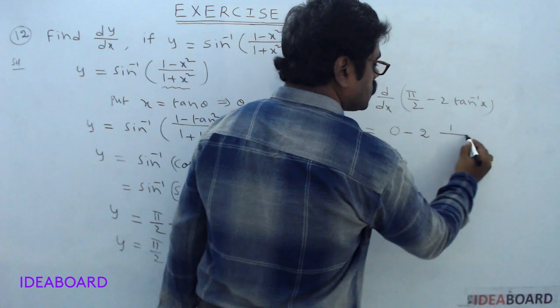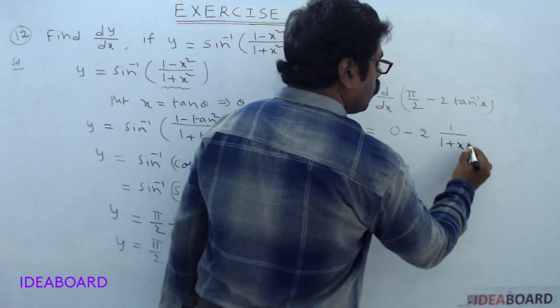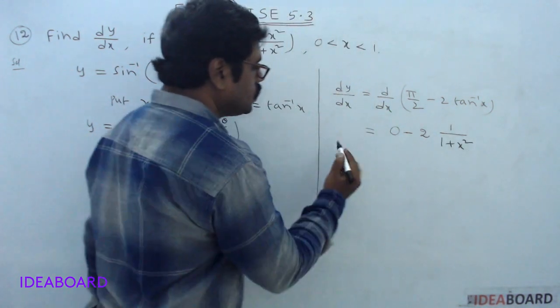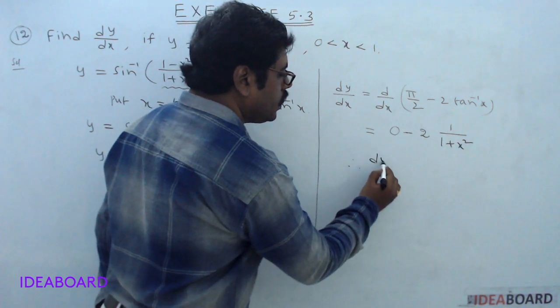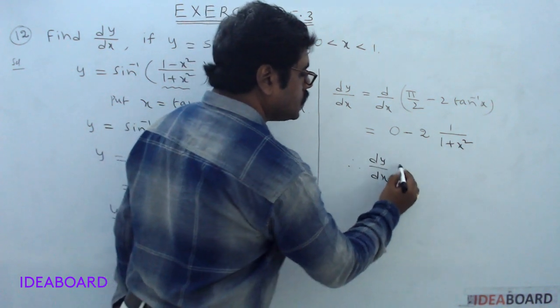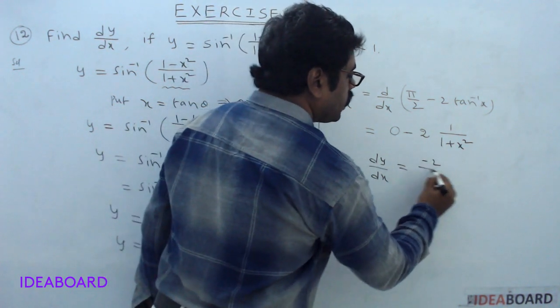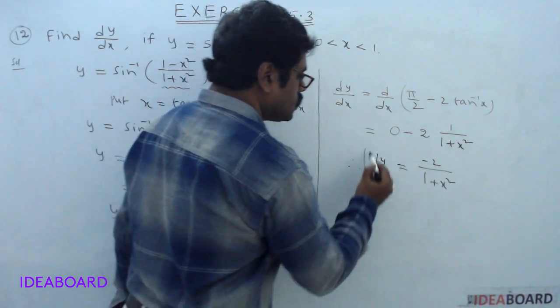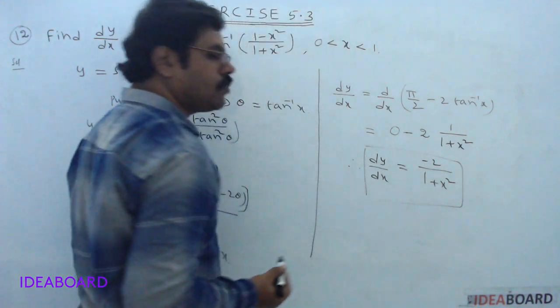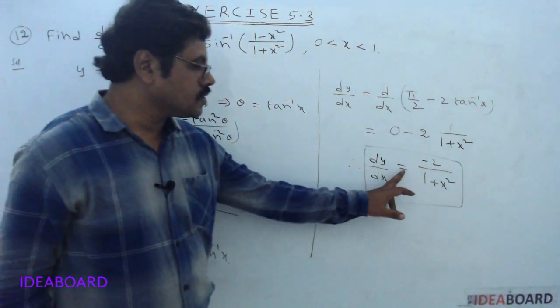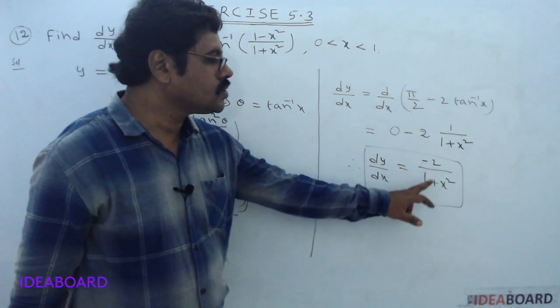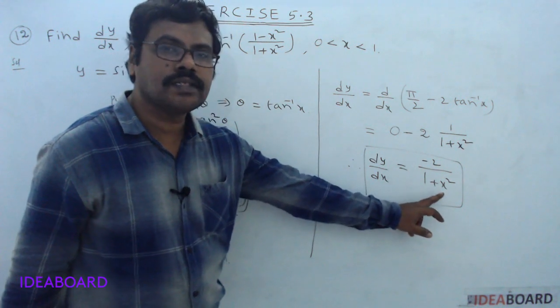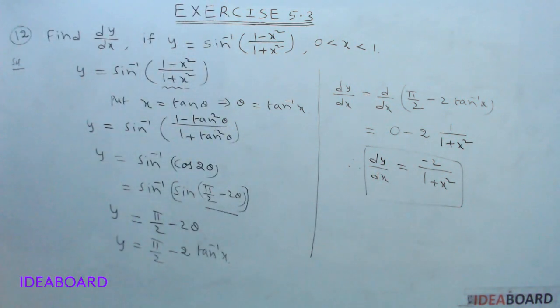The derivative of tan inverse of x is 1 by 1 plus x square. So therefore dy by dx equals minus 2 divided by 1 plus x square. So what is our answer to the given problem? dy by dx equals minus 2 divided by 1 plus x square.